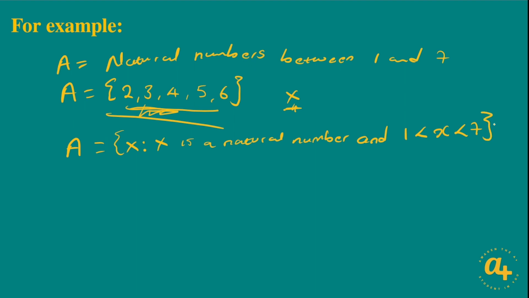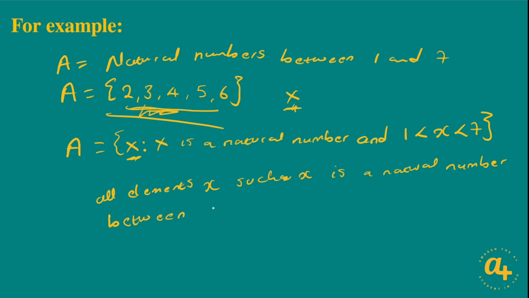What we have done here is simply describe the set. And how do we read this whole thing? We're going to say all elements x, which is the first part, such that x is a natural number between 1 and 7.